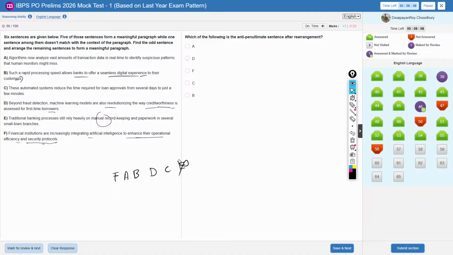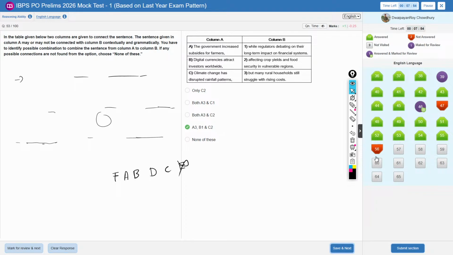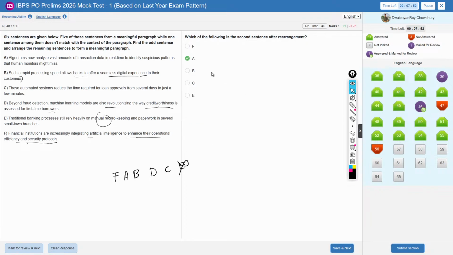Then they have been asking for the third one, I guess. Has they asked for the third one? Or third one or the second one? Not too much sure about it. So second is also not asked, right? Or second was asked, but anti-penultimate. Okay, I'll just skip it.